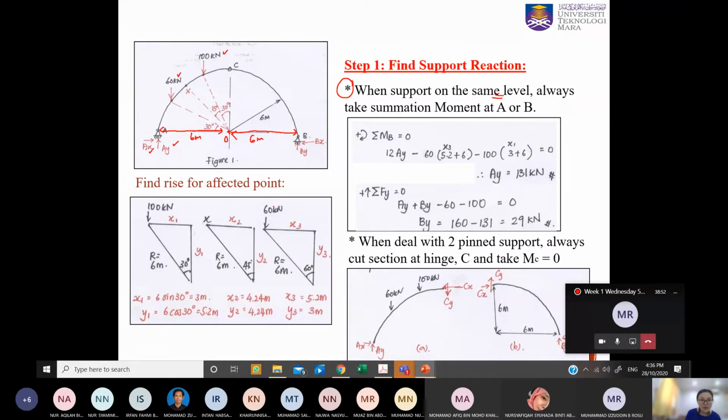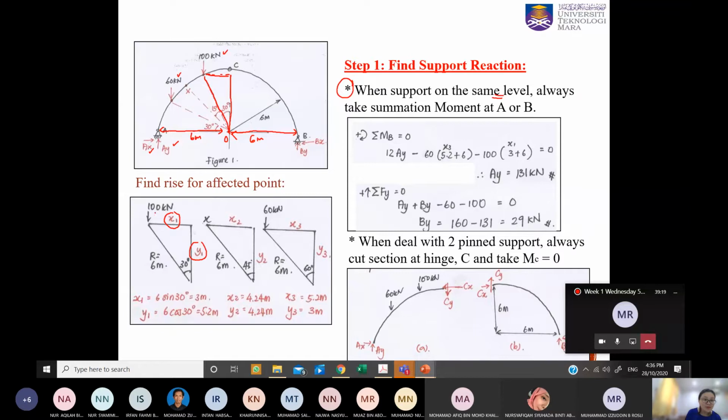What I actually draw is like this, I just draw a triangle. I can draw it outside here, and I give it the name x1 and y1.